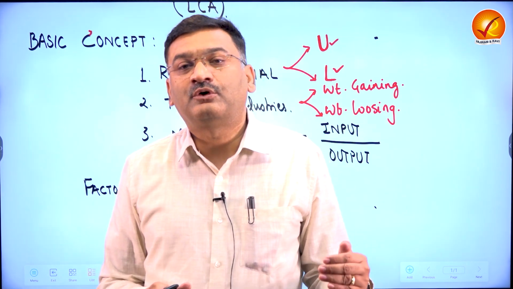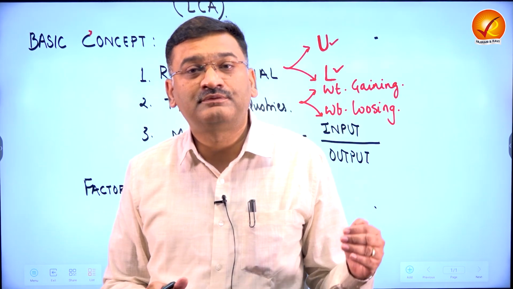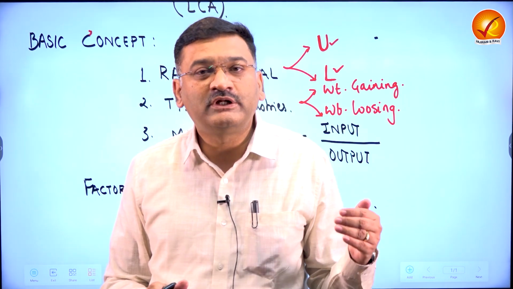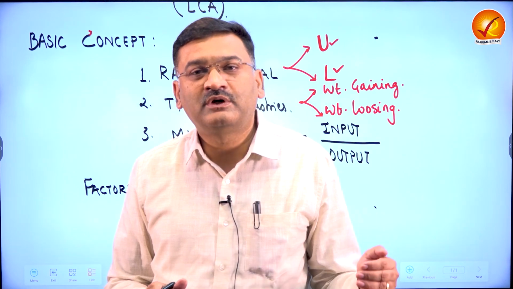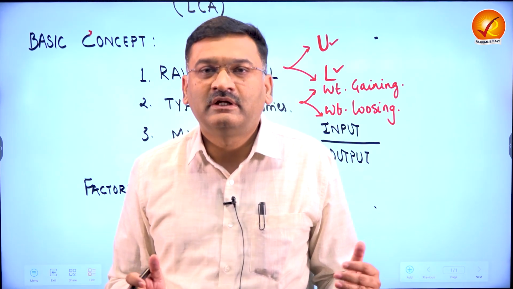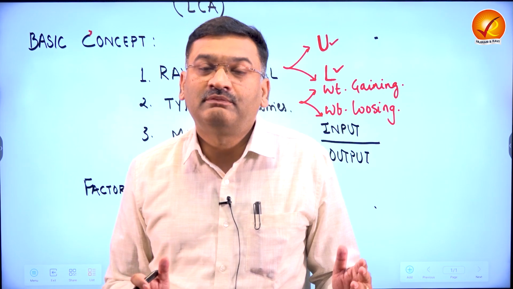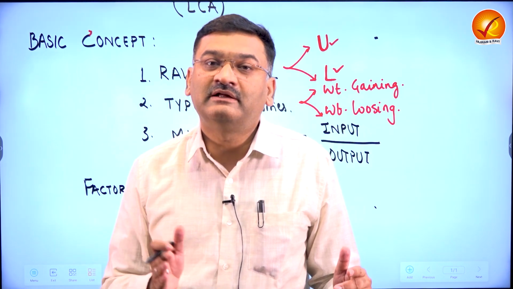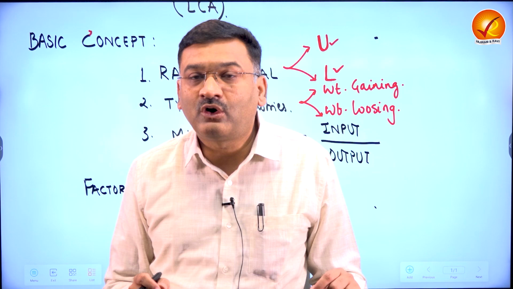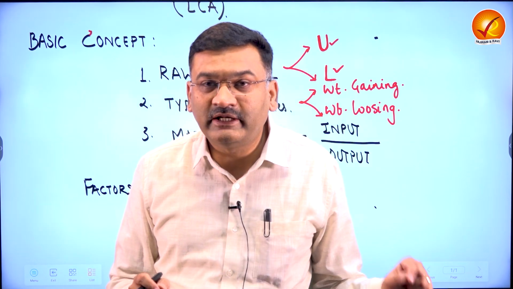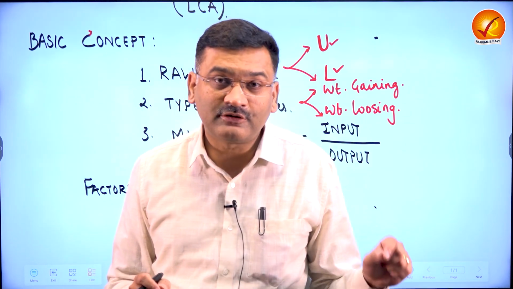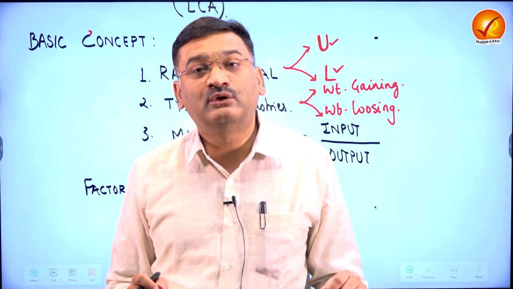If you are processing 100 tons of sugar cane, the weight of sugar will be 10 tons. Here the weight of raw material is much higher than the weight of the product. The raw material loses its weight after processing. This will be known as weight losing.